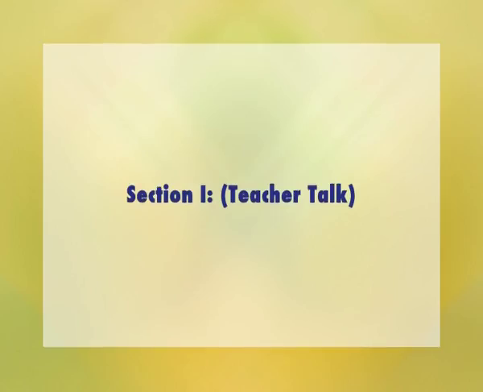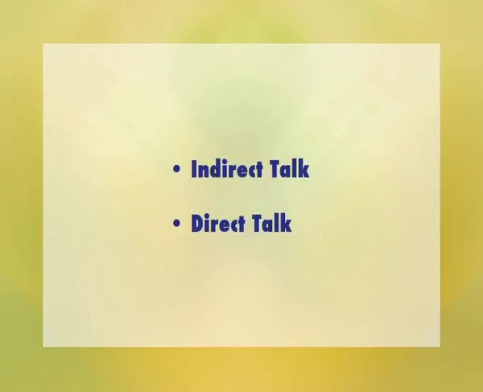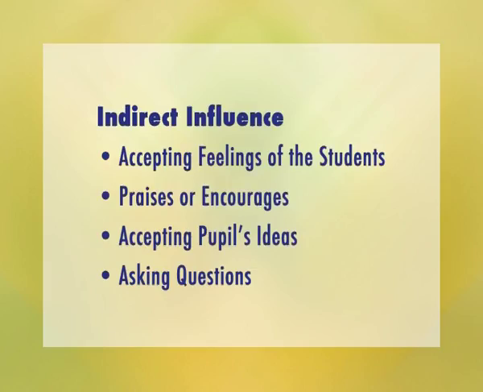Now students, a brief description of the 10 categories of Flanders interaction analysis. In section 1, we have teacher talk, and in teacher talk, two types of behaviors: number 1, indirect talk, and number 2, direct talk. In indirect influence, there are different types of behaviors which are: 1, accepting feelings of the students, 2, praises or encourages, 3, accepting pupils' ideas, and 4, asking questions.